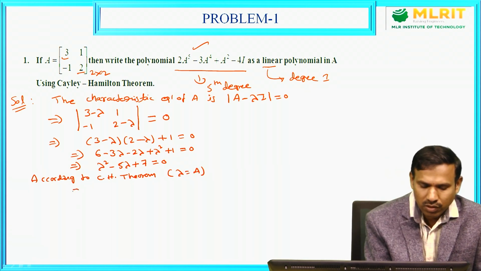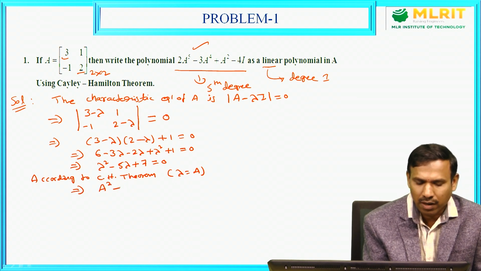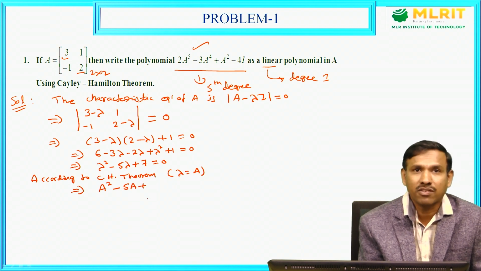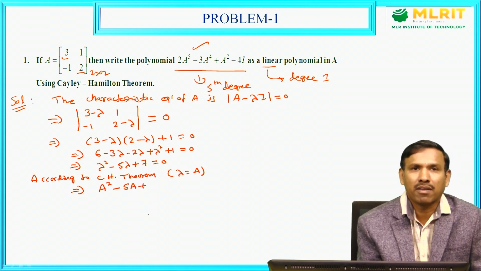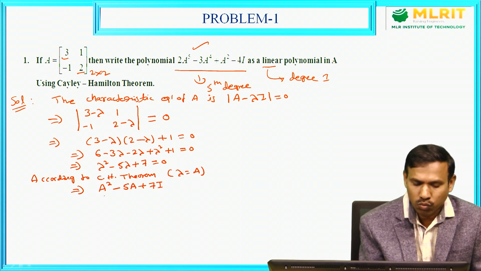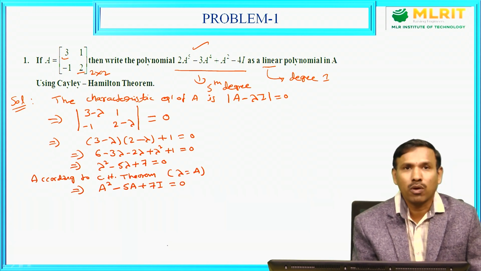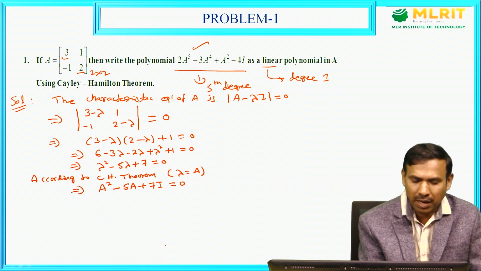So this equation becomes A square minus 5A plus 7, where 7 is a constant. A constant cannot be added to matrices. As we discussed in the last class, 7 should be multiplied by I, so that all three terms become matrices and we can add them. According to the Cayley-Hamilton theorem, this is the main equation.